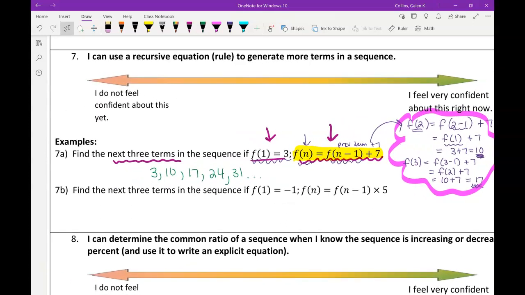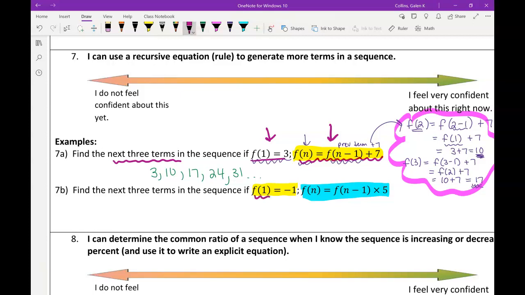All right, so similarly, 7b, I've got another recursive equation, but this time I see multiplication. So I could interpret this as my next term, or the term I'm looking for, so f of n, is my previous term times 5. So if you are comfortable reading that, you don't have to evaluate f of n, but just to illustrate that one more time, I'm going to.